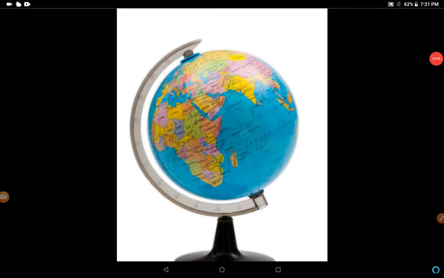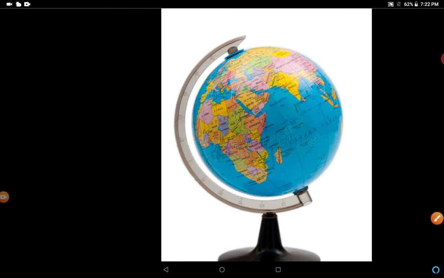But if we try to find the location of some places, it is not so easy. We need some lines, imaginary lines, like these you can see on the globe. It is very difficult to describe the location of a point on a sphere like the Earth. So now the question is how to locate a place on it. We need certain points of reference and lines to find out the location of places.